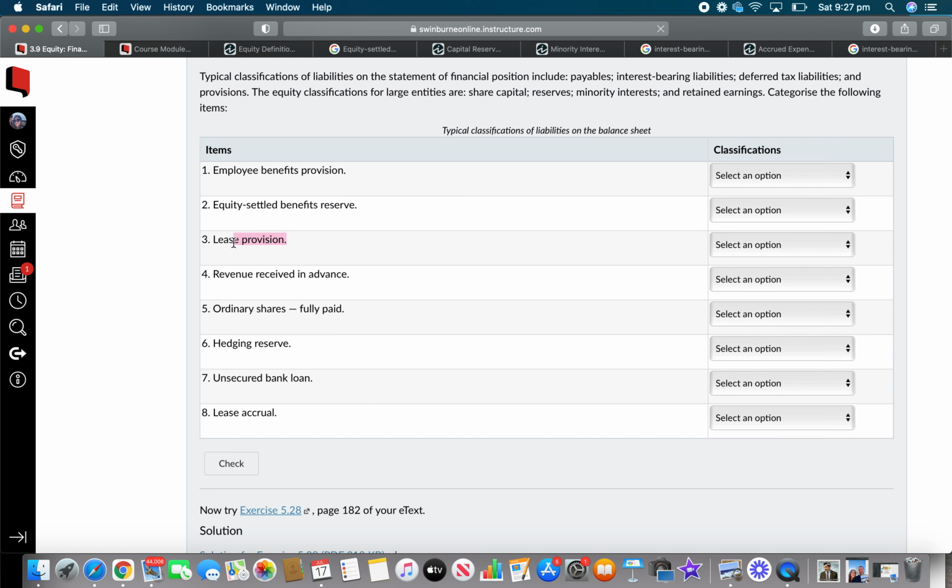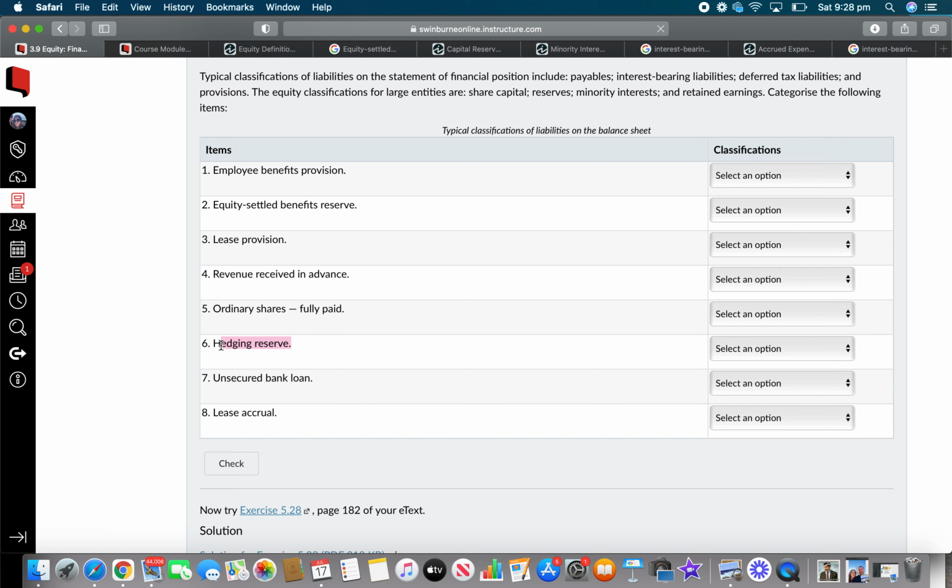Lease provision is a provision. Revenue received in advance, so that is deferred revenue. Ordinary shares, that is our capital. Hedging reserve, again, that's a reserve, that's our equity. Unsecured bank loan, that is borrowings in our liability, so we'd probably call that a non-current liability. And then lease accrual.